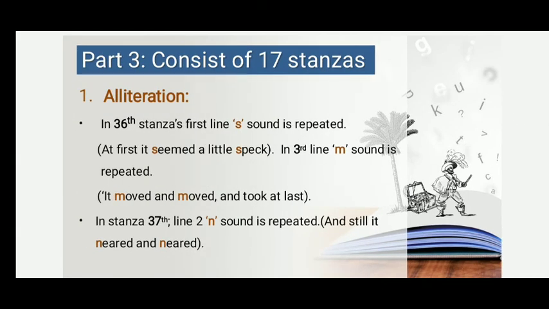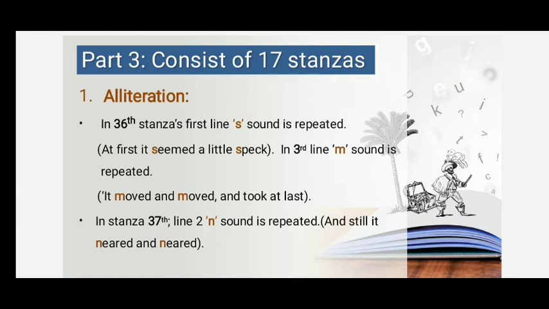Now, the third part of this poem. This part consists of 17 stanzas. The first literary device in the third part of this poem is alliteration. I already defined alliteration. Here is its use.